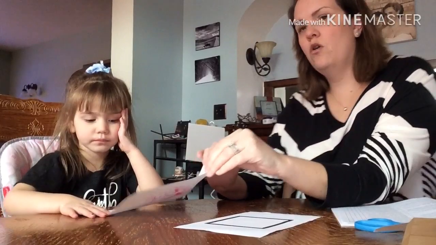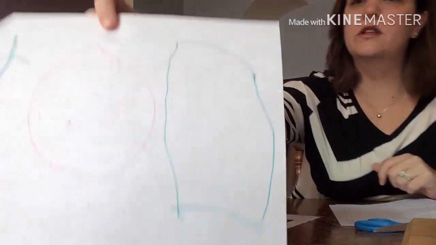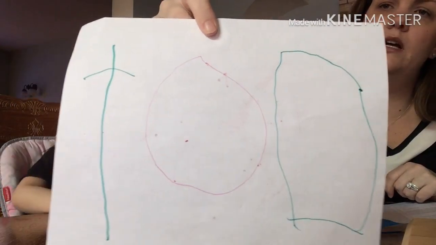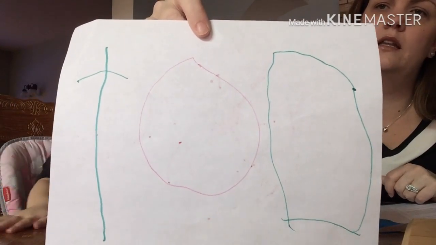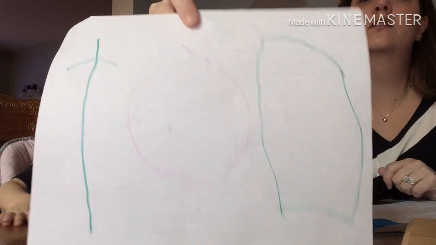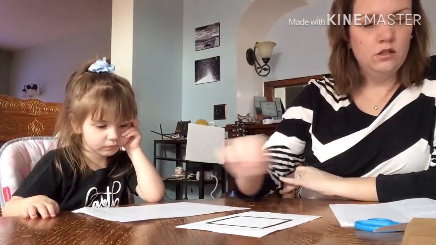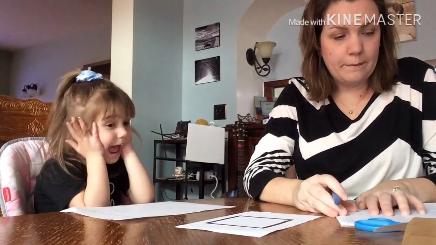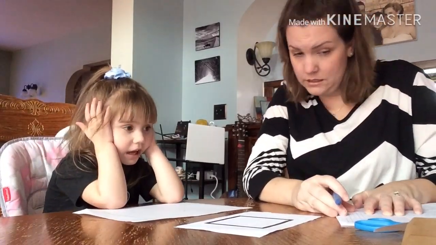All right, I'm going to show the video what your shapes look like, okay? So that's the square, the circle's in the middle, and cross is on the other end. So this square is amazing.